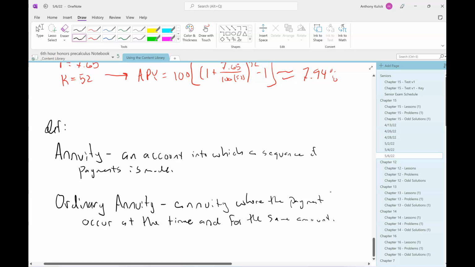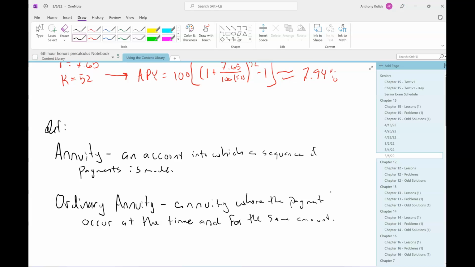So, think about life. What's an ordinary annuity sound like? Are we making payments that are always the same size at always the same time? Yeah, like a rent or a mortgage or a loan. Yep. Bills, yeah, primarily.